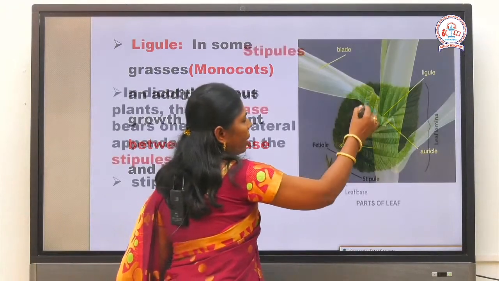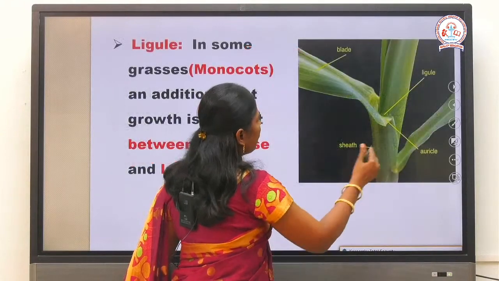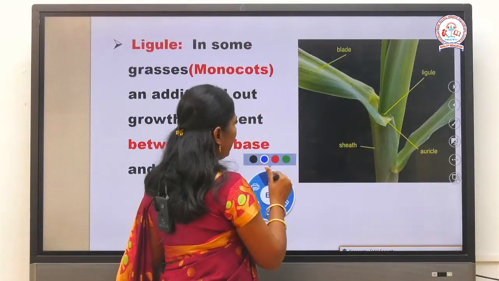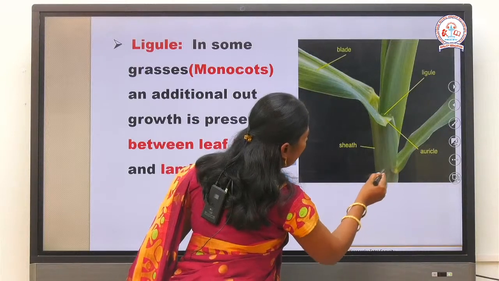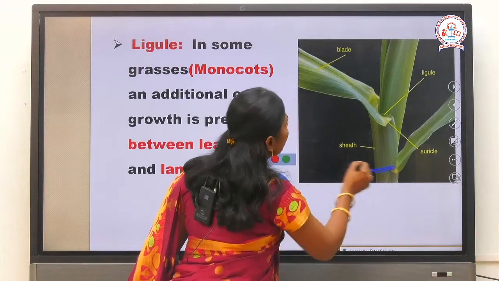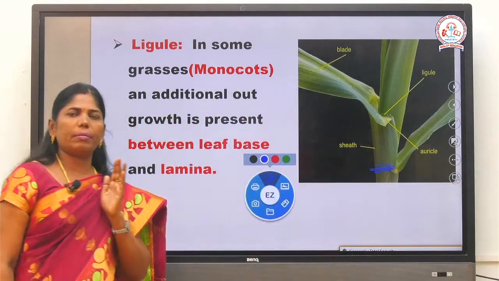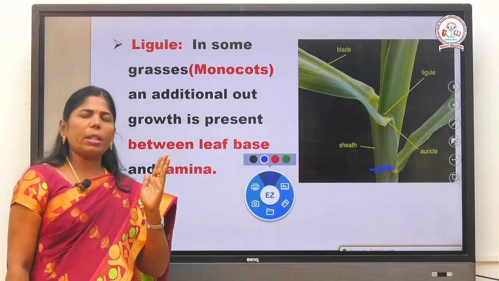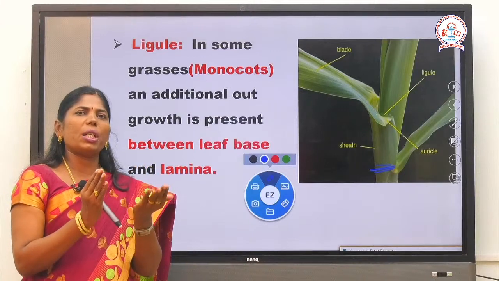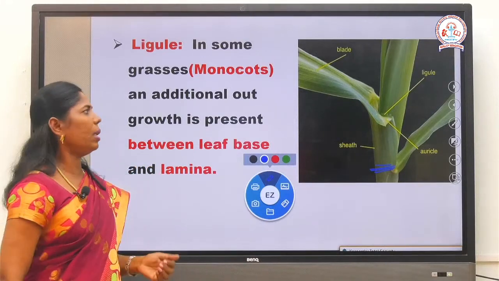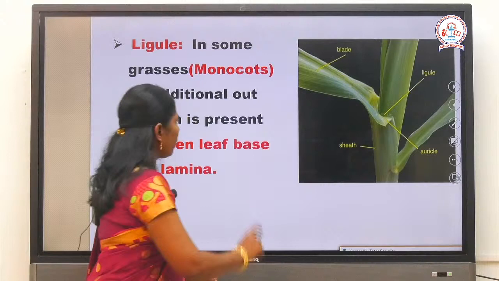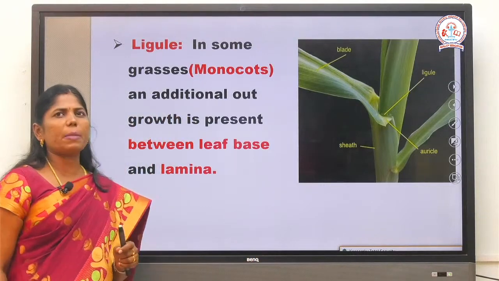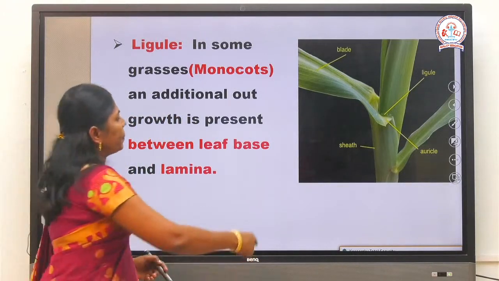This portion is the lamina, and this portion is the leaf base. Here the leaf base may be a little difficult; the actual leaf base starts from this place. Sheathy leaf base: actually the petiole is a flat, sheath-like structure, that is the sheathy leaf base. This is present in monocots.